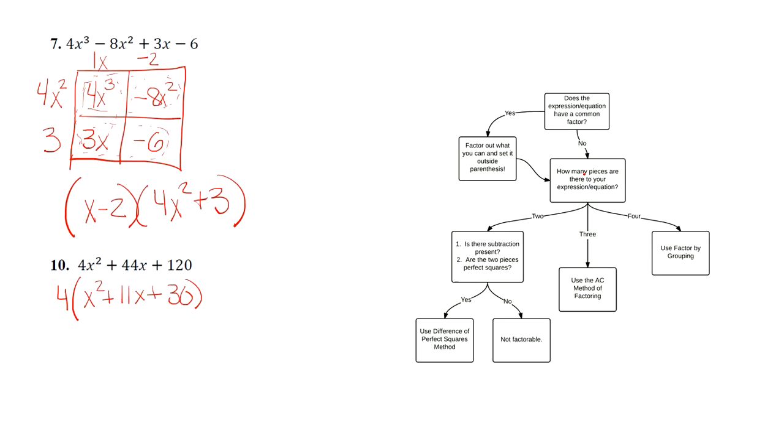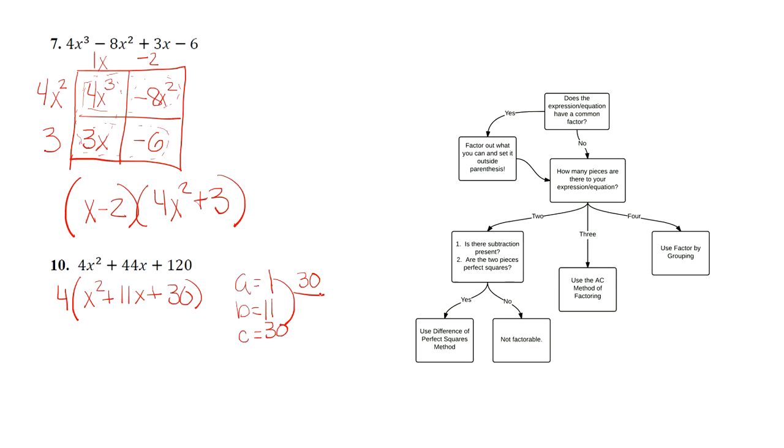Let's go over here. How many pieces are there? So there is 1, 2, 3 pieces. Let's use the AC method of factoring. So A, B, C. My A is 1, B is 11, C is 30. So my A times my C is 30.